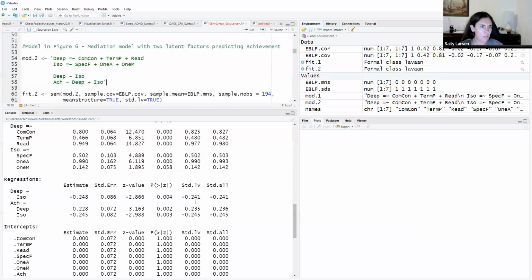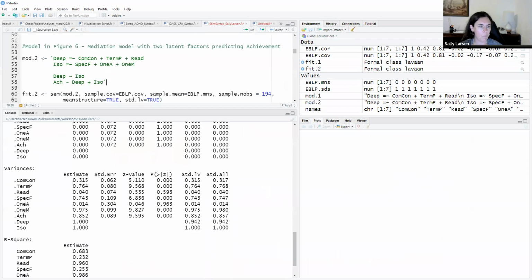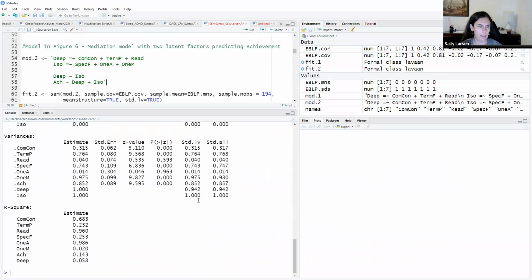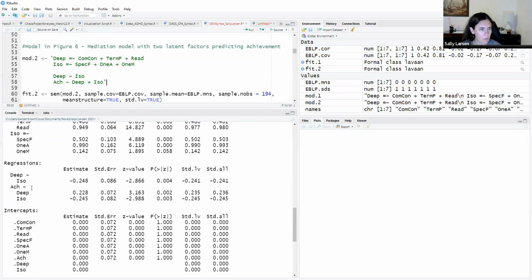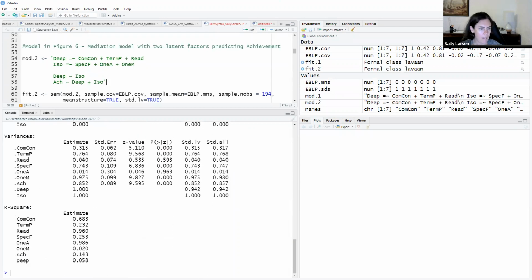All right, I just wanted to have a look and see whether the R square comes out similarly. The R square we were looking at was for the achievement variable, ACH. And I think in the example, it said 13% of the variance was explained. Here we have 0.14, so 14% of the variance in that achievement variable is explained by those two predictors. We've also got variance explained in the deep learning variable, because it is actually predicted by something in the model.